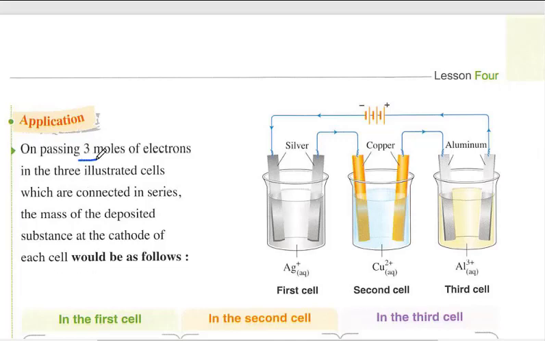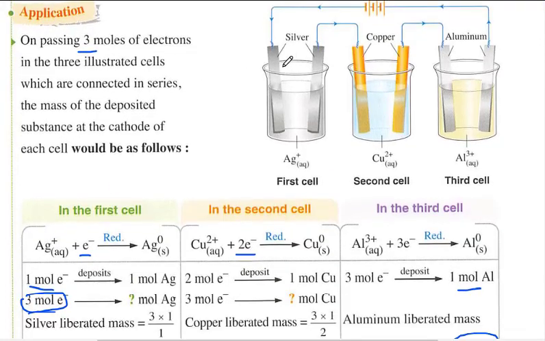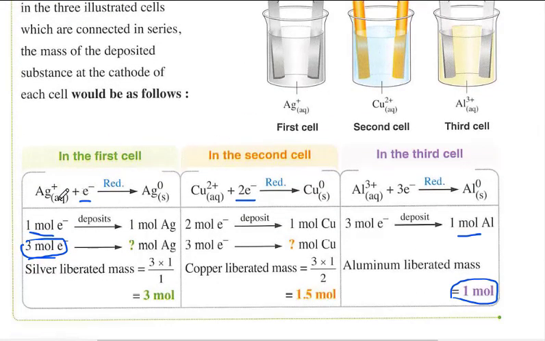We pass 3 moles of electrons. 1 mole refers to the equivalent mass, so 3 moles, 3 equivalent masses of all these. In the first cell, silver is reduced by 1 electron, so 1 mole of electrons relates to 1 mole of silver. So 3 moles of electrons relate to 3 moles of silver by cross multiplication. Here copper is reduced by 2 moles of electrons.